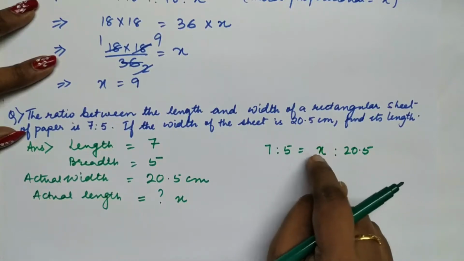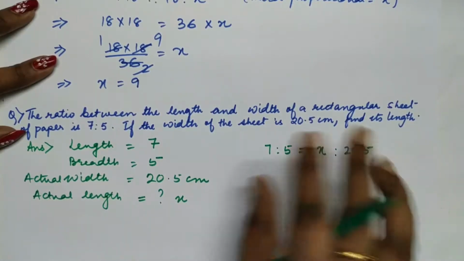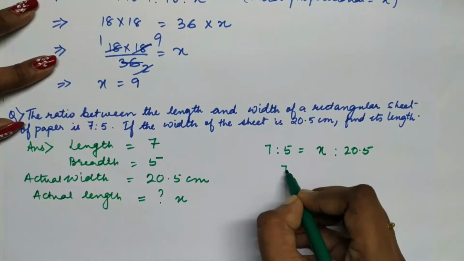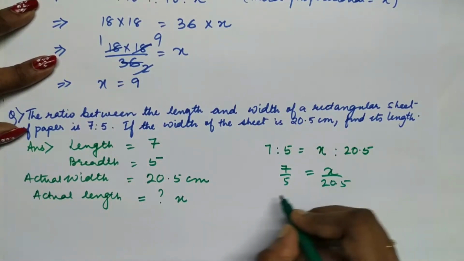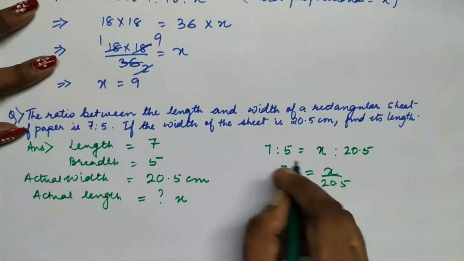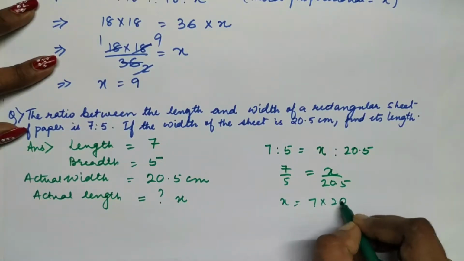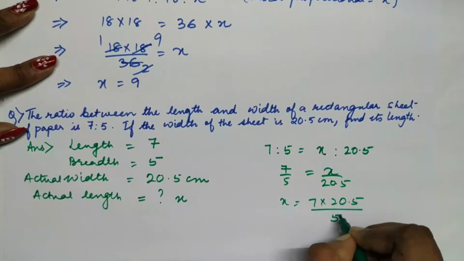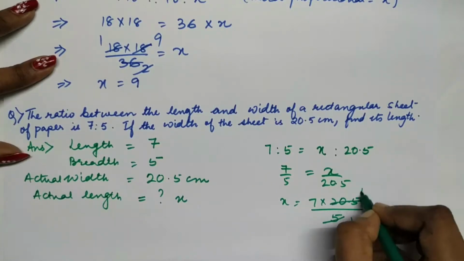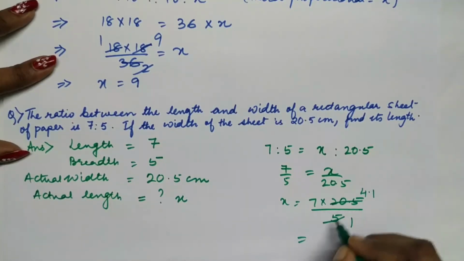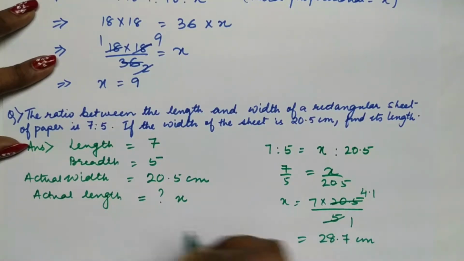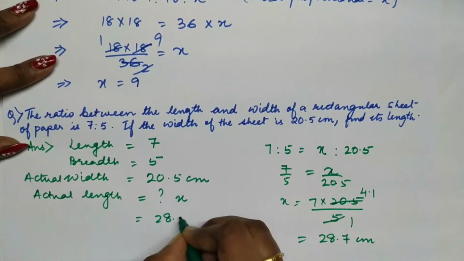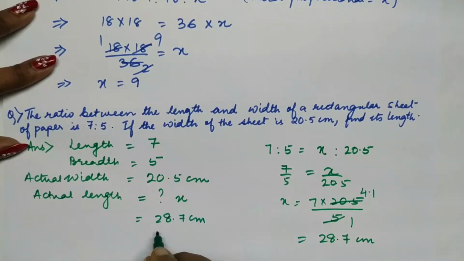I can't write 20.5 is to x. The position is very important. This means that 7 by 5 is equal to x by 20.5. To get the value of x, I am going to bring this 20.5 above and divide by 5. So 5 into 4.1, that is multiplied by 7 to get 28.7 centimeter. So the actual length is 28.7 centimeter.